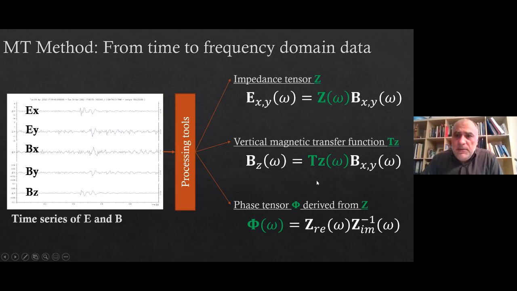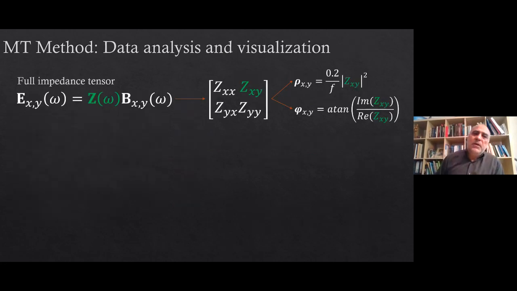Now, looking closely at the first data type, the full impedance tensor, it has very nice properties that we will see in a second. People can use these complex values to directly interpret the data, look at the quality, and make some interpretation.